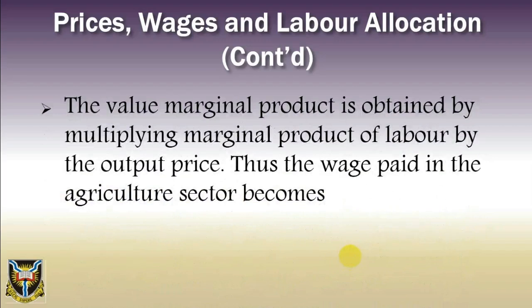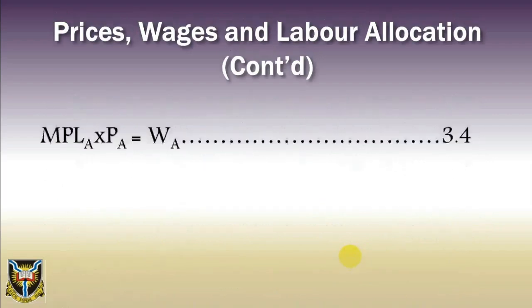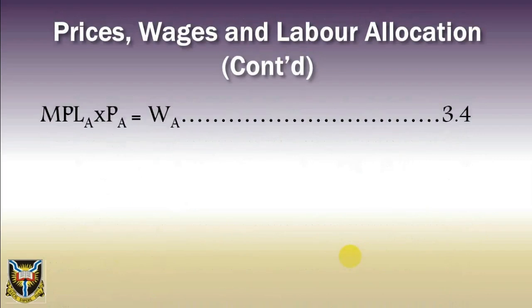The value marginal product is obtained by multiplying the marginal product of labor by the output price. Thus, the wage paid in the agriculture sector becomes MPLA times PA, which gives us the wage rate of the agricultural sector.